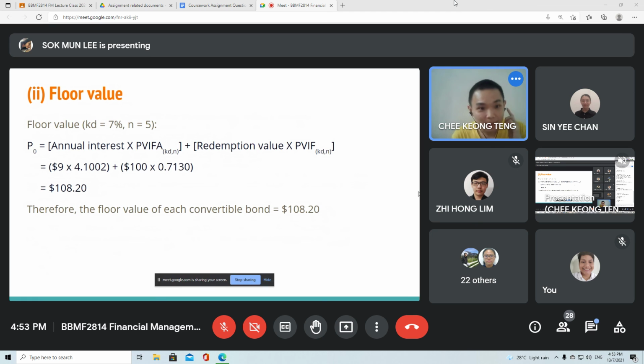Yep, correct. And the floor value is the lowest market value of the bond. So we use the annual interest times the PVIFA plus the redemption value times PVIF. We will get 108.2. Okay, I think that's all for the answer.